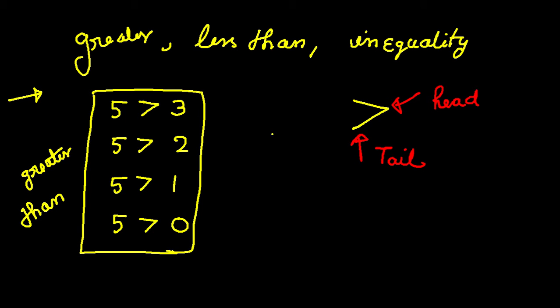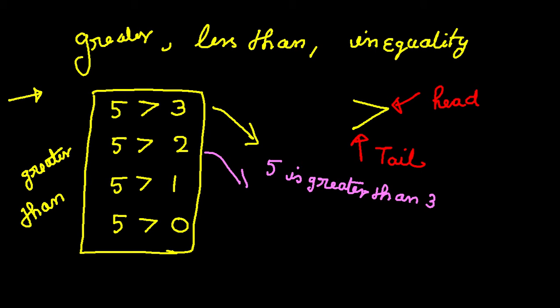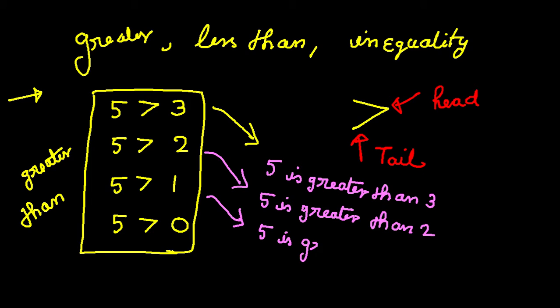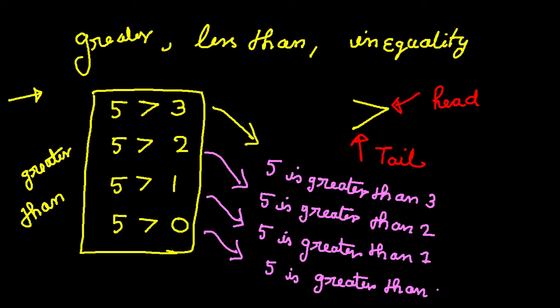So 5 is greater than 3, similarly here you will write 5 is greater than 2, and similarly 5 is greater than 1, and 5 is greater than 0.